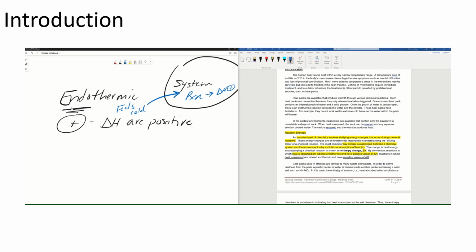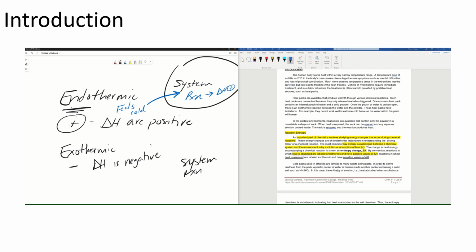The opposite of that would then be an exothermic reaction. So for an exothermic reaction, now we're talking about heat exiting the system. So here, heat is leaving the system, and the delta H here is negative in value. If we look at our pictograph up here, we have our system. Remember, that is our reaction.